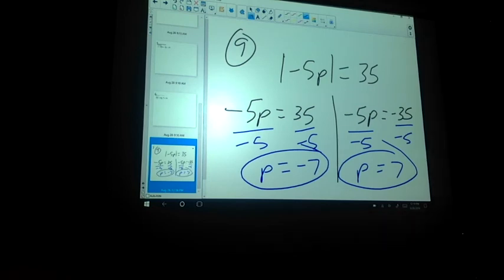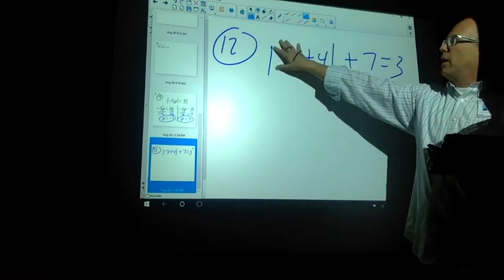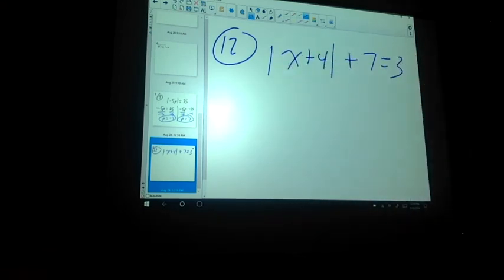What other questions up through number 12 would you like to see? Yeah, number 12? All right. Absolute value of x plus 4, plus 7, equals 3. This is one of those where we have an absolute value here, but I need to move this over.